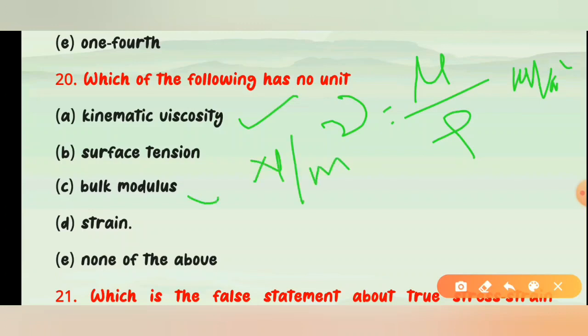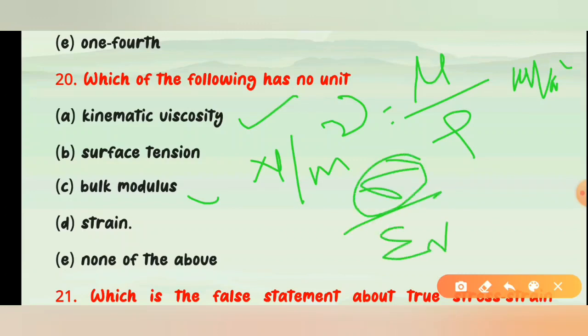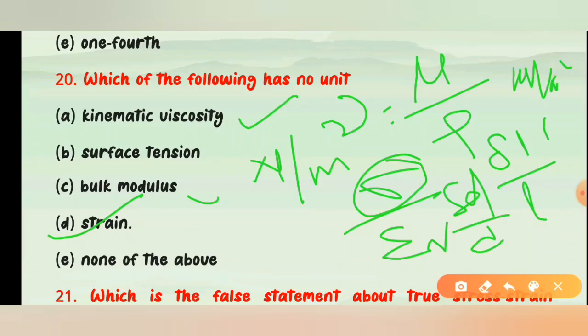Bulk modulus is direct stress by volumetric strain. It has the same unit as stress, but strain has no unit. It may be defined as delta L by L or delta D by D or delta V by V. Same unit, so strain has no unit. So, the correct option is option D.